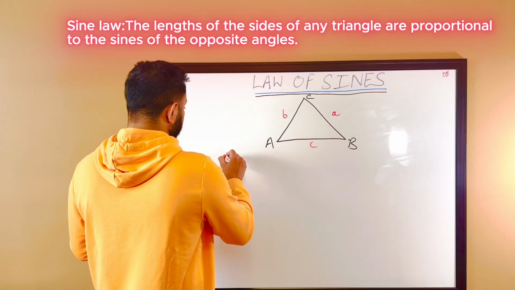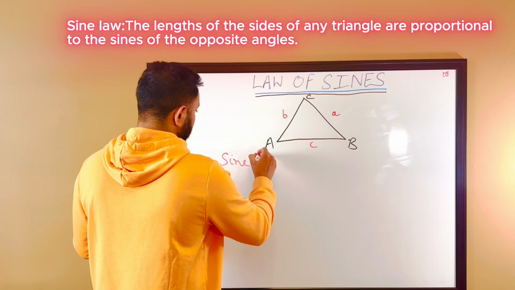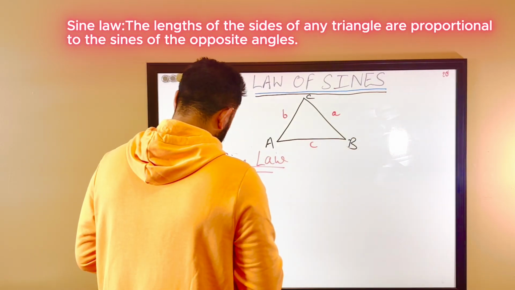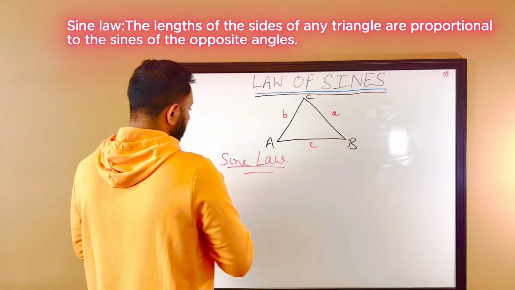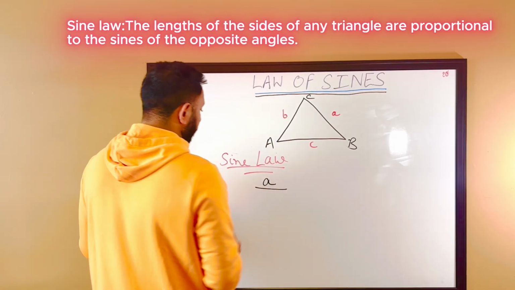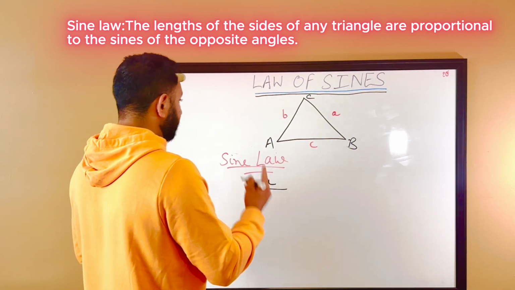So according to the law of sines, the length of sides of a triangle are proportional to the sines of opposite angles.